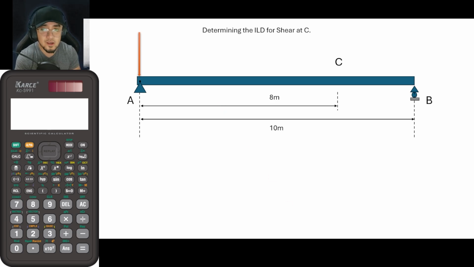And if it is a moving load, of course, it would be moving in this direction. So again, we will be analyzing our beam and solving for the resulting shear at this point if ever the load is here and for all of these locations here.